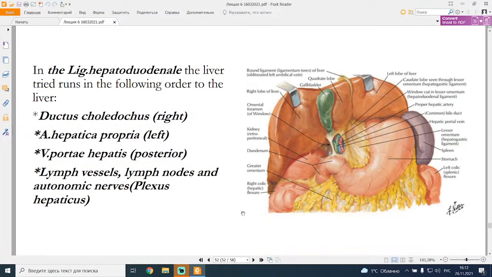In the ligamentum hepatoduodenale, the liver tract runs in the following order to the liver: ductus choledochus, right arteria hepatica propria, vena porta hepatis, lymph vessels, lymph nodes, and plexus hepaticus, located under the ligamentum hepatoduodenale.